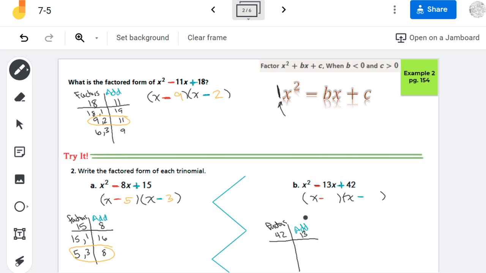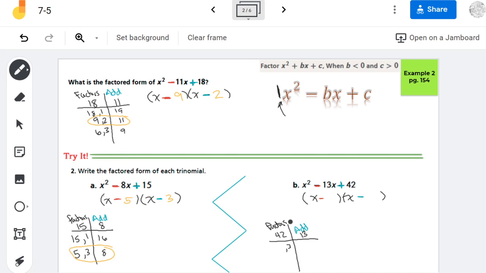Ooh, 42 is a big number, y'all. I'm going to be generating a lot of numbers here. Remember, you don't have to generate the list of all the factors. You just have to happen to find the one that's 13. I know 1 and 42 is going to be too big, or 2 and 21 is going to be too big.